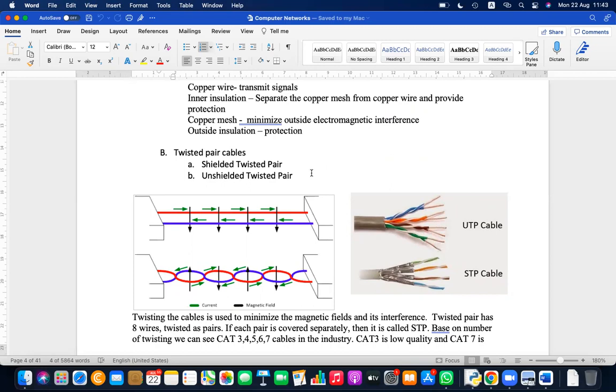The reason for wrapping them together is, you know, when a conductor transports electricity, there will be a magnetic field around it, right? When there's a conductor sending and receiving electric signals, there will be a magnetic field. This magnetic field will act as a resistance to the media, so it will slow down and drop the data rate.